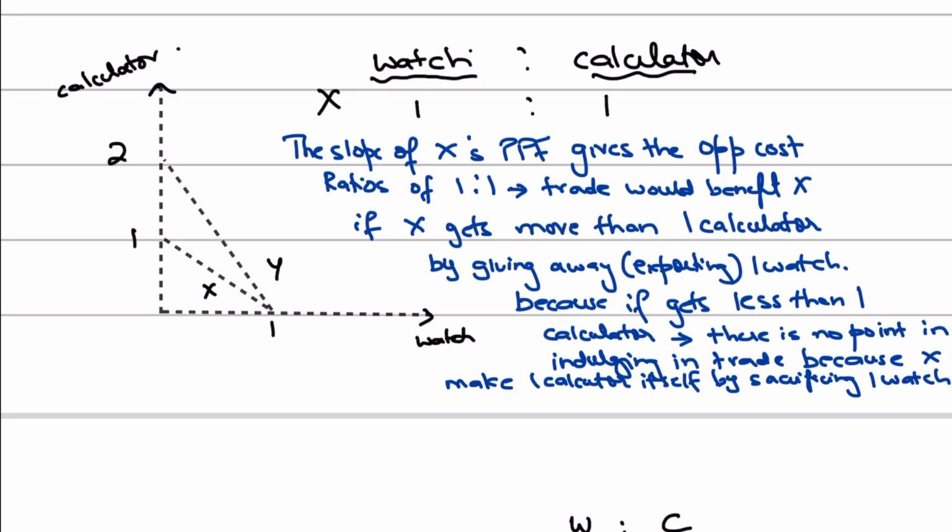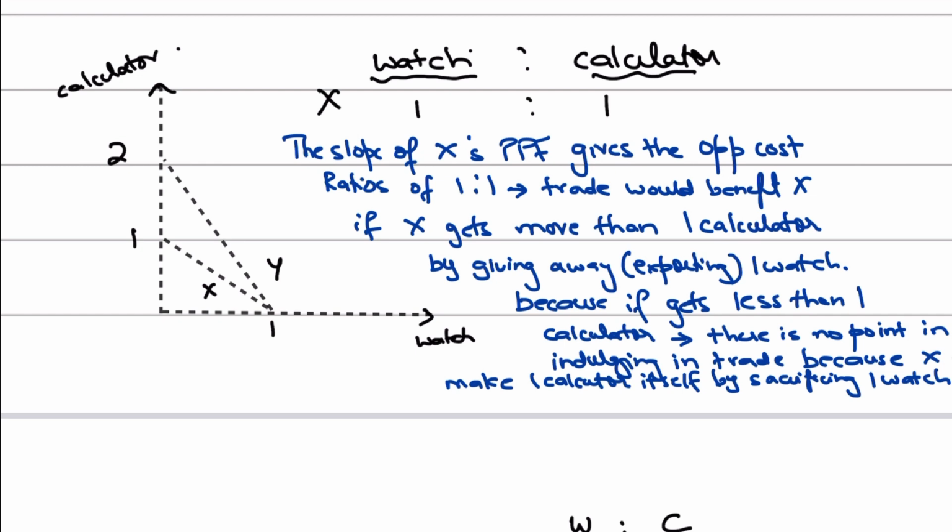Because as the ratio is 1:1, it simply means that X could end up making one calculator itself and forgo one watch, right? It can do this by itself. So if it actually wants to trade with Y, then there has to be something. What value is Y bringing in for X, right? So if it wants to trade with Y, then definitely country X should get more than one calculator by giving up or sacrificing one watch.